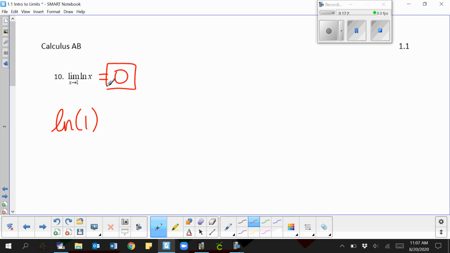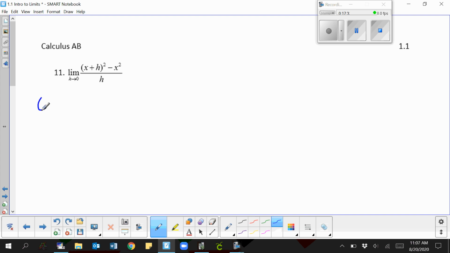And our last problem for the notes. The limit as h approaches 0 for this function. So let's plug in 0 and see what happens. So that means that we're going to have x plus 0 squared minus x squared over 0. And we end up with 0 over 0. So for this one, what we need to do is multiply out on the top.